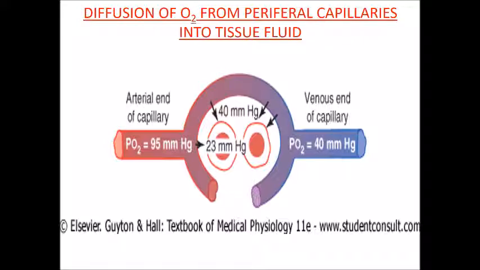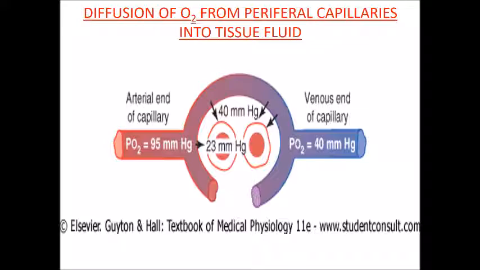Now in the cell, oxygen varies depending upon the type of the cell. It may be as low as 5 mmHg and it may be as high as 40 mmHg. So we are taking a middle value, 23 mmHg. This is an average value of intracellular PO2. So between the interstitial fluid and the cell again there is a gradient, 40 minus 23.